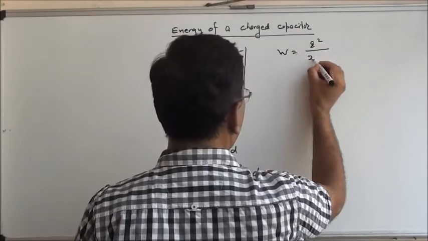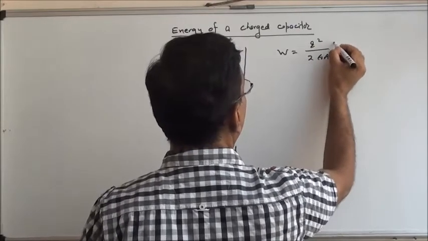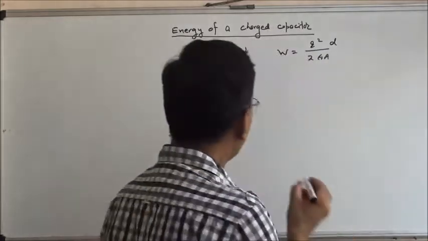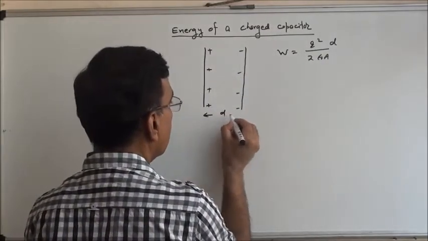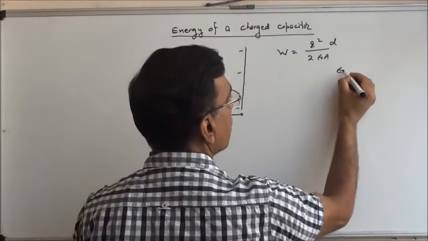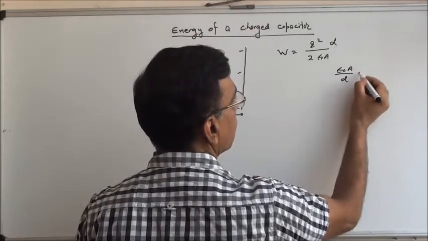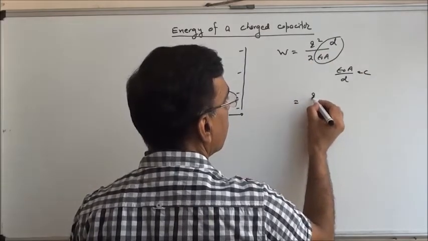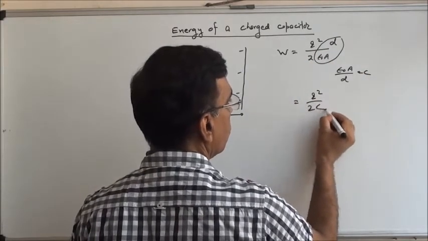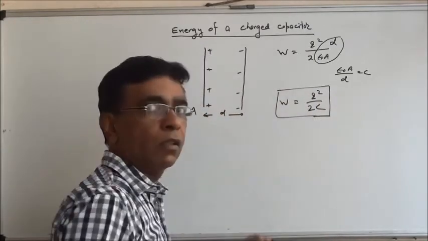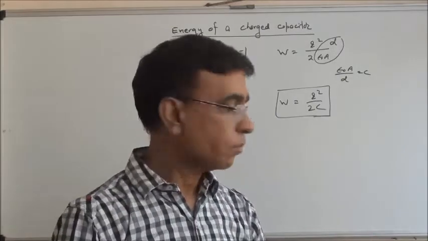Q square D upon 2 epsilon naught A, for a separation D between the plates and area A. Now what is epsilon naught A by D? This is C. So I can write it as Q square by 2C. So again the same expression. This is also one of the ways of doing it.